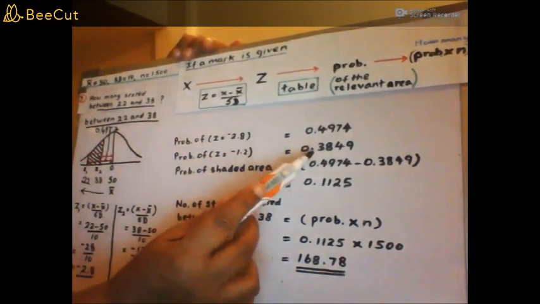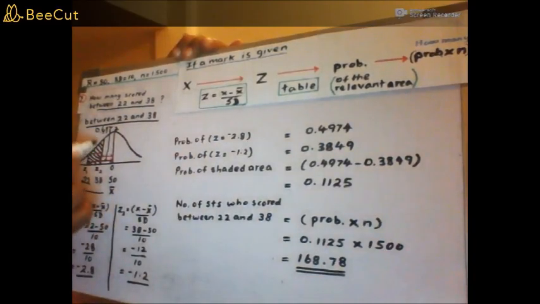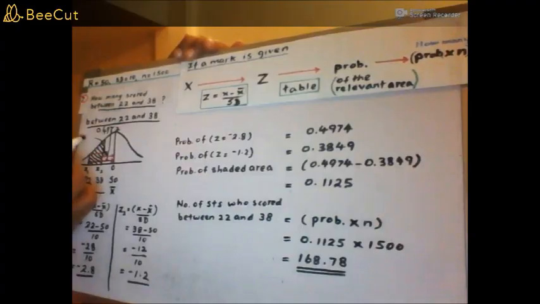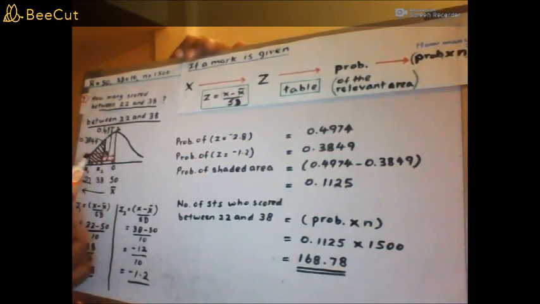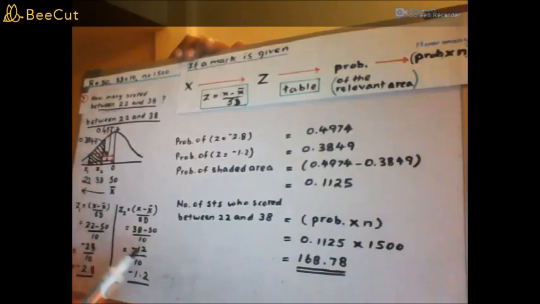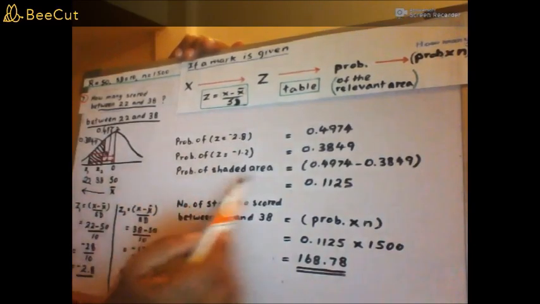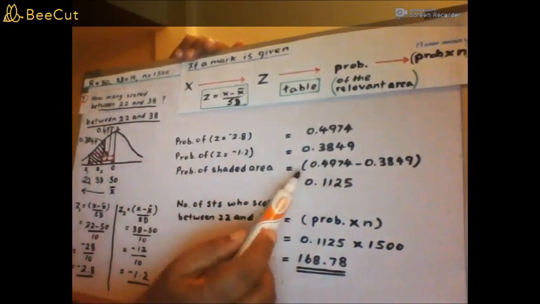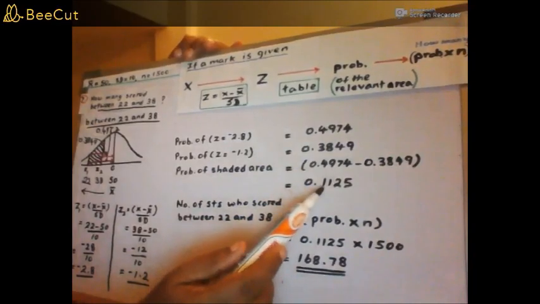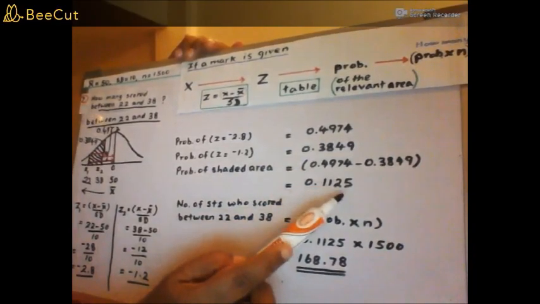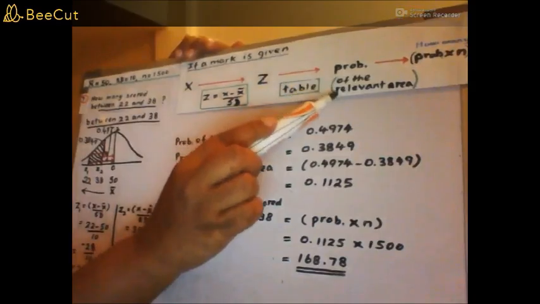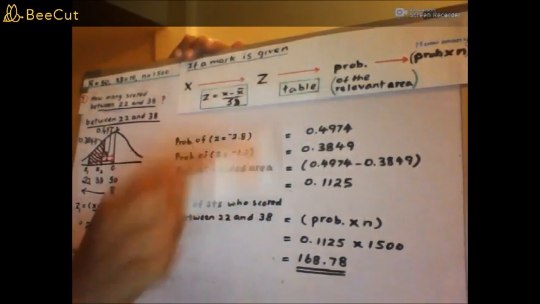For Z2 it is 0.3849. Now we have to find this one. So we have to deduct this from this. So the probability of the shaded area is 0.1123.